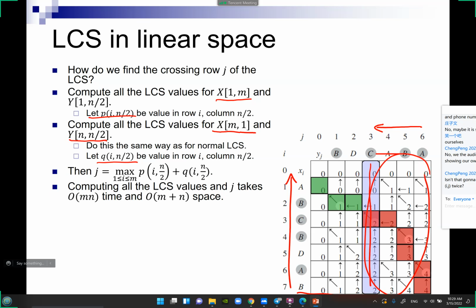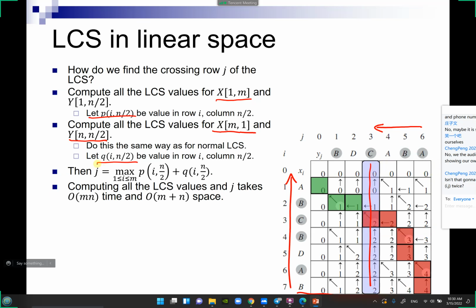Notice that as long as you look at both X and Y in the forward direction, or both in the backwards direction, then when you compute the values in here, you're going to get the same matrix.